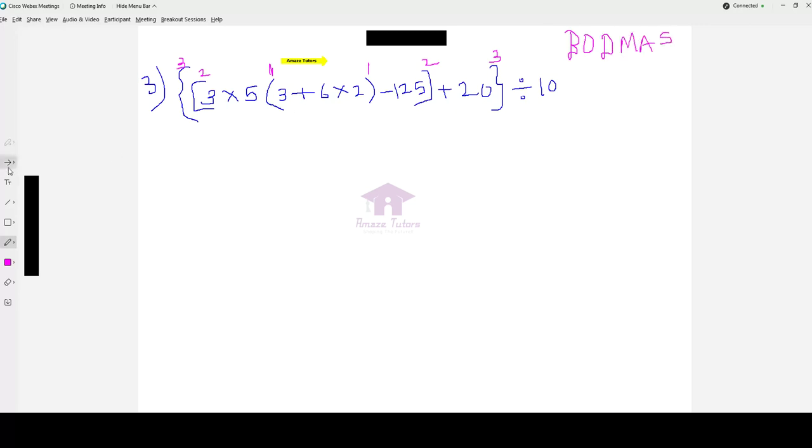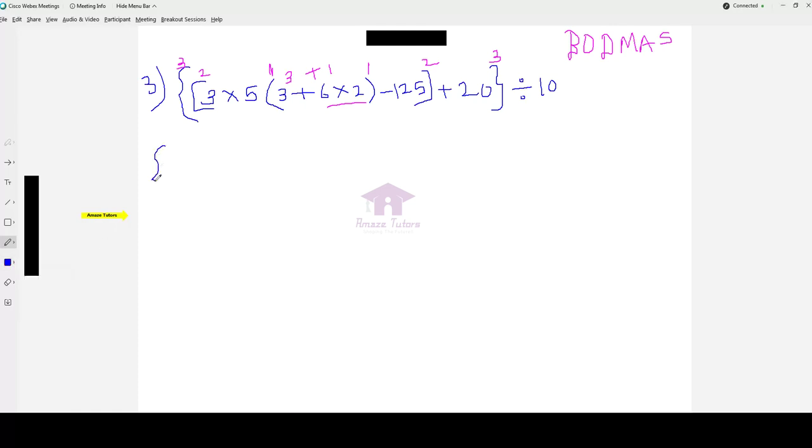Which is first among addition and multiplication? Obviously multiplication comes first. So we have to do this part first. 6 twos are 12. Now 12 plus 3 is 15.